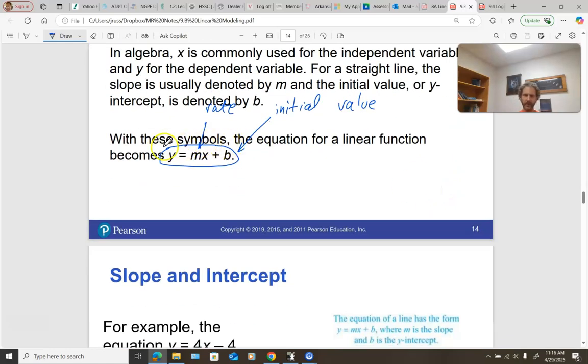Okay, so when we have an equation in this form, this is called slope-intercept form of an equation. Meaning, when you have an equation written like this, you can easily graph this. Okay? Now, when you graph any of these linear equations, they're always going to be lines. Okay?